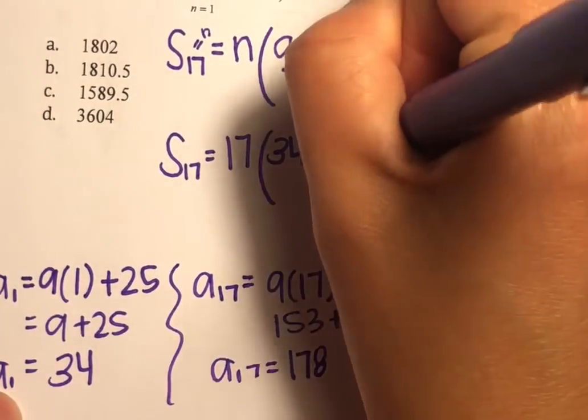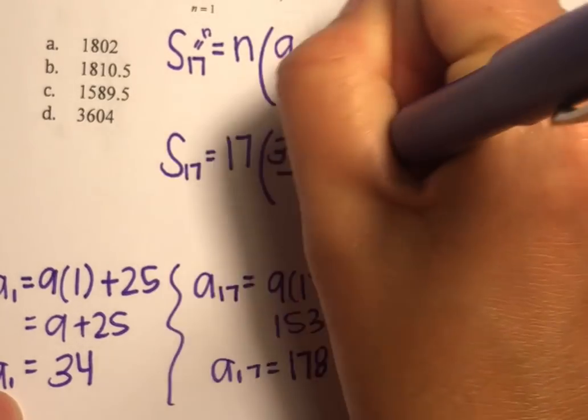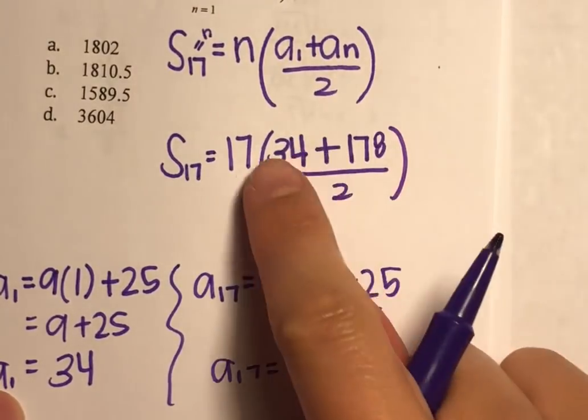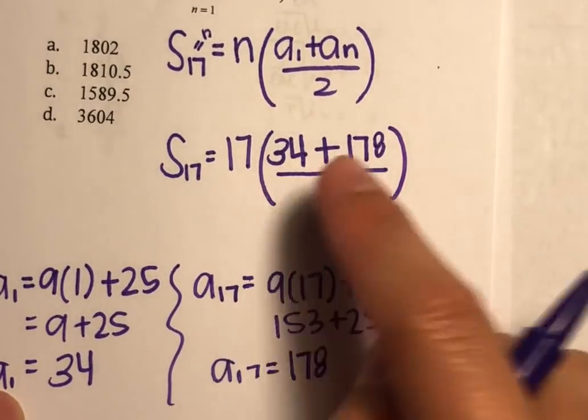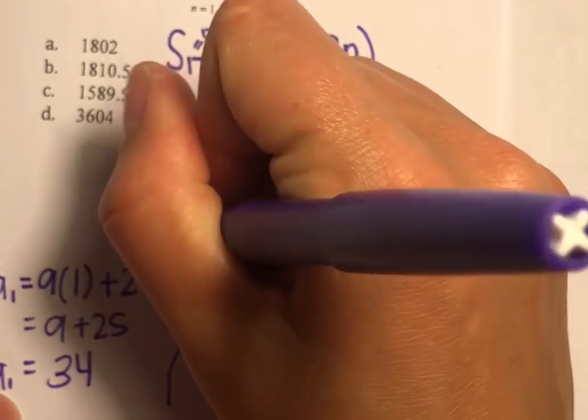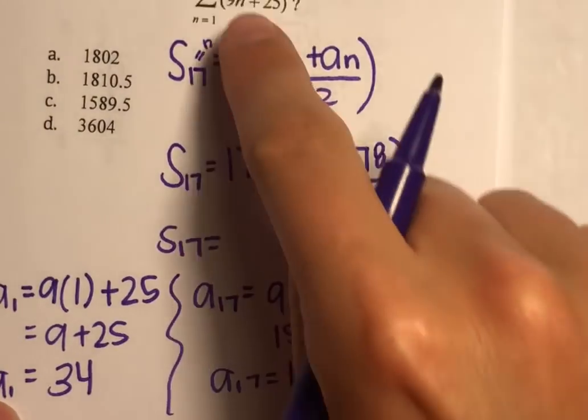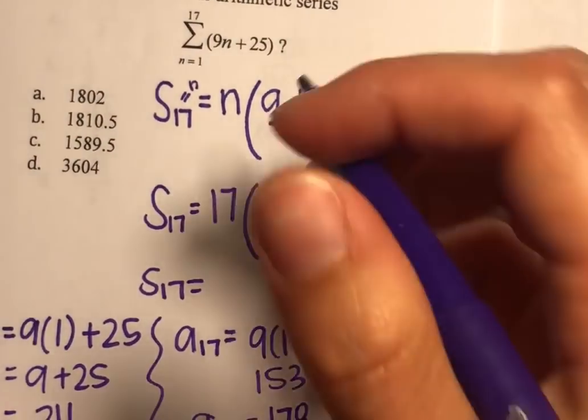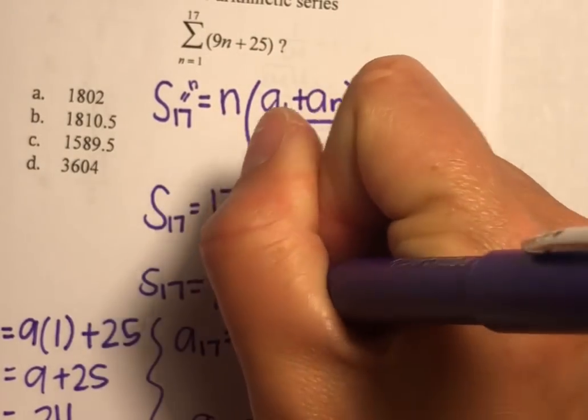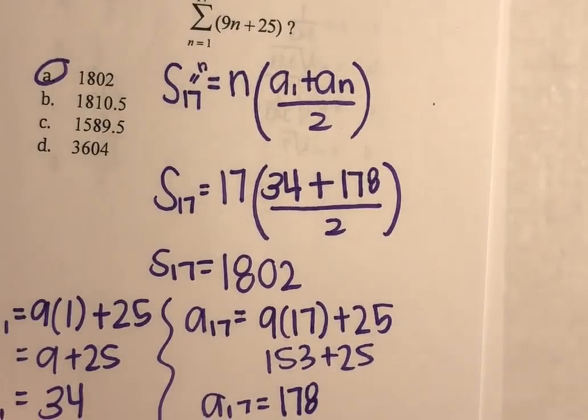So I'm going to plug that in for a sub n. And then when I put all of this into my calculator, I get the sum of those first 17 terms here are 1,802. So my answer is A.